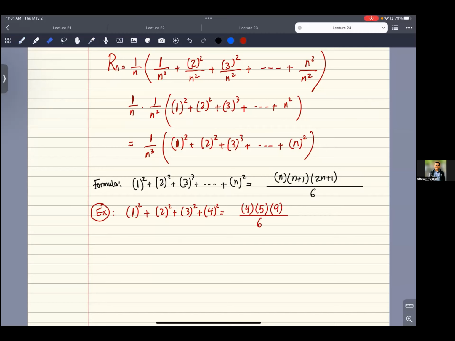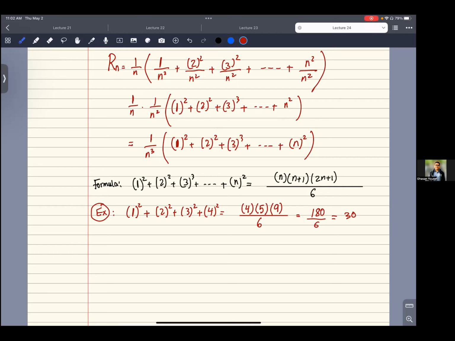So instead of doing the calculation and finding the sum directly, you can use the formula to find it. What is 4 times 5? 20. 20 times 9 is 180. 180 over 6 is 30. So the answer is 30 for this sequence. Make sense?